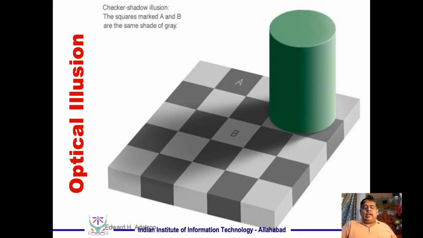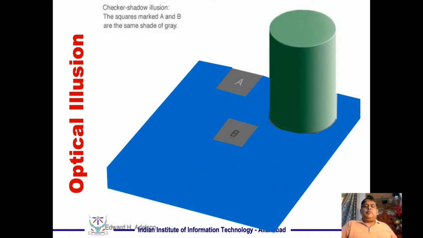If I cover the other squares, we will see that both A and B are practically of the same shade. A white looks similar to the black. That is because of the illumination.